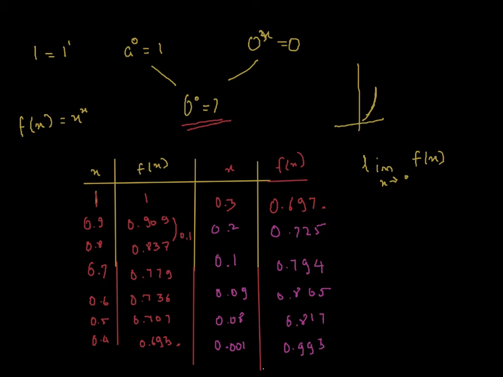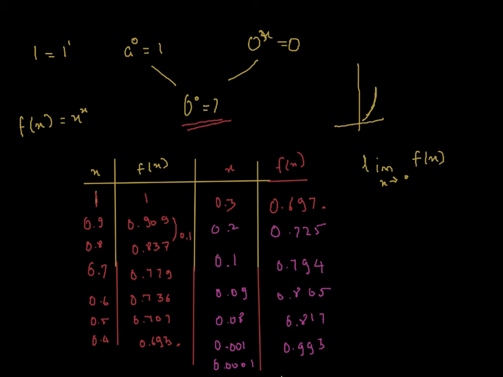Now it is pretty predictable, but let's go more to check ourselves. By going more into the precision, we can maybe solve for that. Let's take 0.0001.